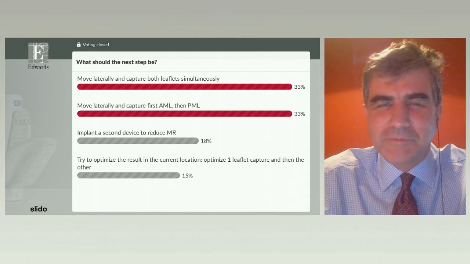Yes, so maybe you go back to the case, and then you will see what we've done. Remember, with this first device, what we really wanted to do was get rid of the lateral MR jet. So that was the aim. Can we go back to the case, please?